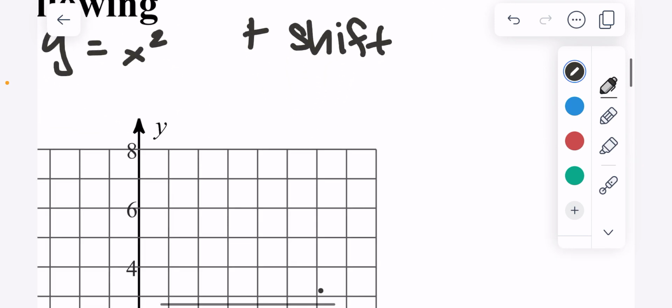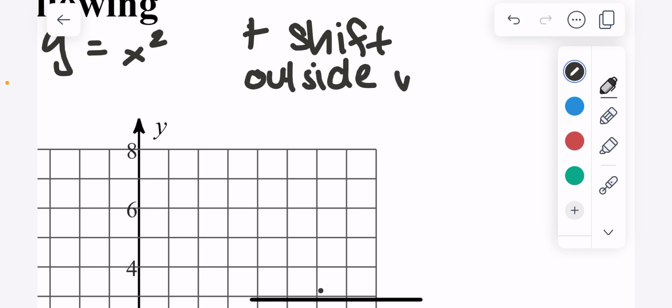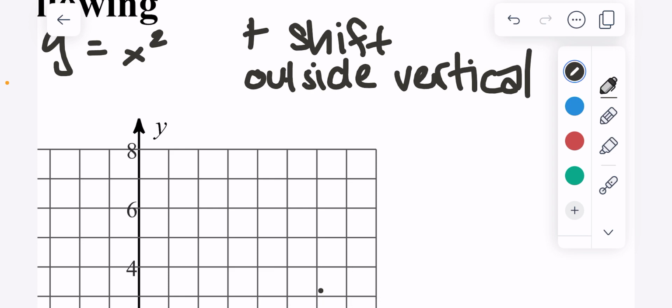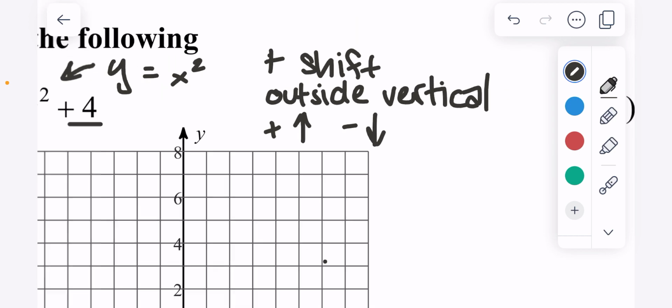So this one is happening on the outside, so it's vertical. And we talked about how vertical shifts are just intuitive. If I'm adding, what do we expect that to do, go up or down? I expect that to go up. If I'm subtracting, we're going to expect that to go down. Okay? So these are our shifts.